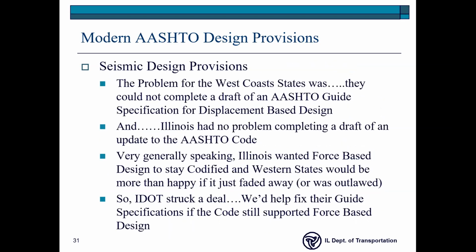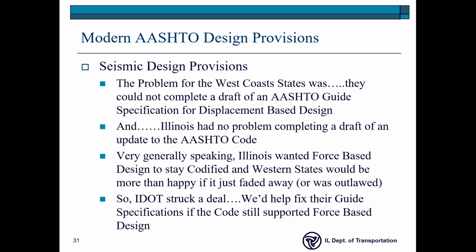In the end, the way it worked out was that Illinois turns out to be much better code writers. I was one of the main people that wrote the design code, and the Western states were trying to have somebody else write their own guide specification and were having a lot of trouble. Once they saw that we could write a code, we kind of got what we wanted, because I helped them write their own guide specifications for displacement-based design, and we made a deal.